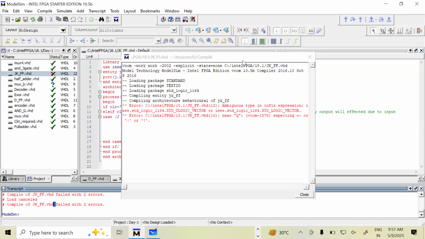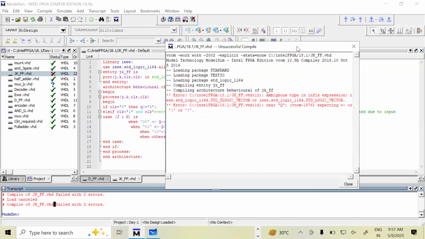There are again two errors. Let us see that error at 12.